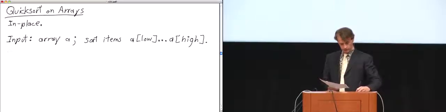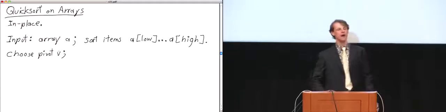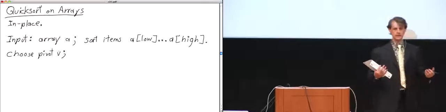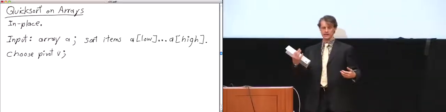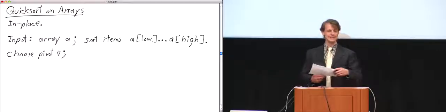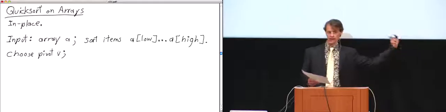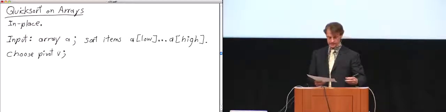So our algorithm works like this. First of all, we choose our pivot v randomly. And then I want to partition the array into two pieces, I1 and I2. Keys less than the pivot, keys greater than the pivot. It turns out to be easiest and fastest to do that if I get the pivot out of the way. So I do that by moving it to the end of the array.